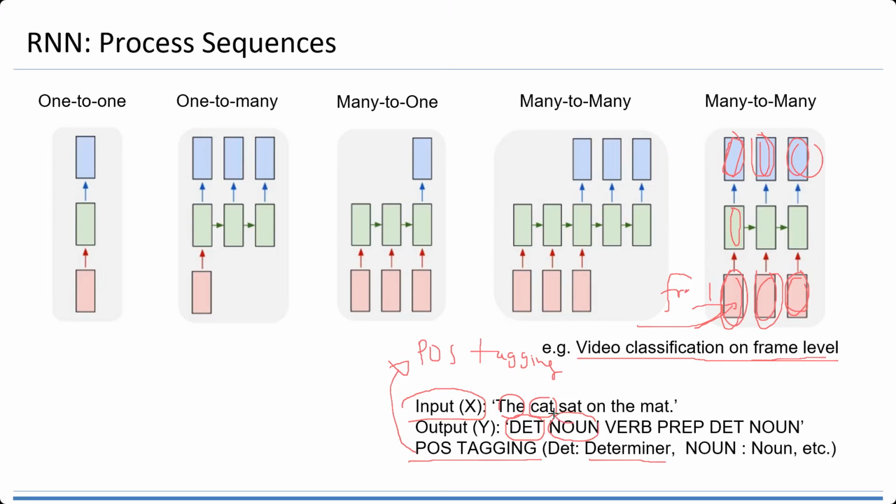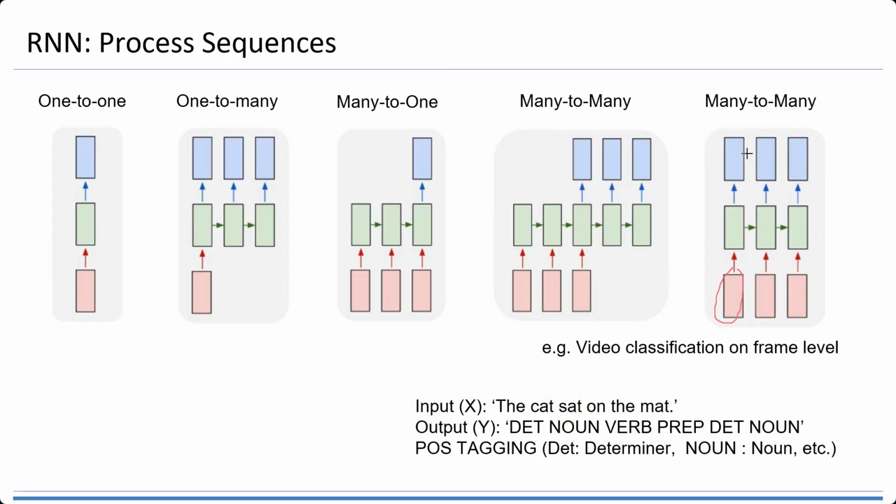"Sat" is a verb. "On" is a preposition. "The" is a determiner, and "mat" is a noun. So for every input here, we have an output, and we do this POS tagging. I know that this is a determiner, this is a noun, this is a verb, and so on. So we can use this RNN to do this prediction.